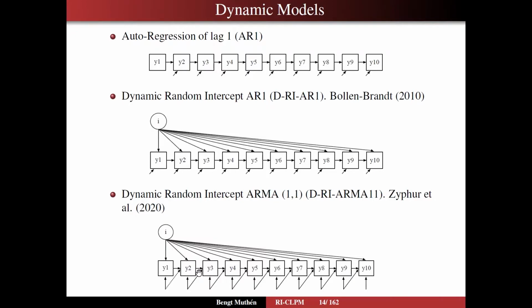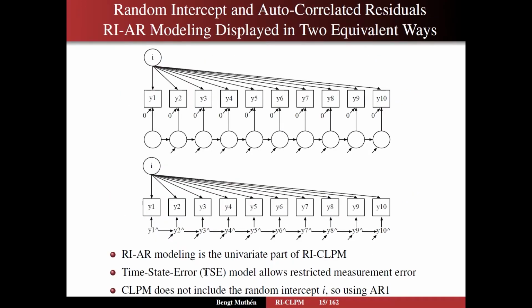And for instance then, y3 is influenced first of all by I and second of all by y2, but is also influenced by the residual of y2. So the deviation from the expected value from I predicting y2, that deviation influences the next outcome. So this is just a repetition of what we talked about in part 1 of Webtalk 4 for continuous outcomes.